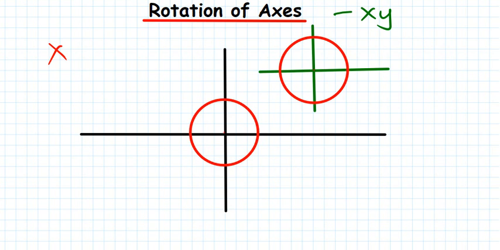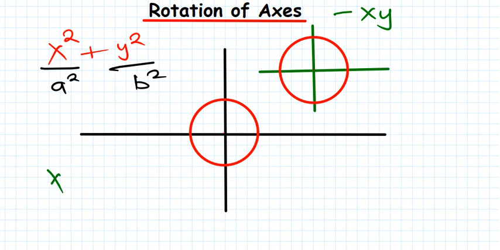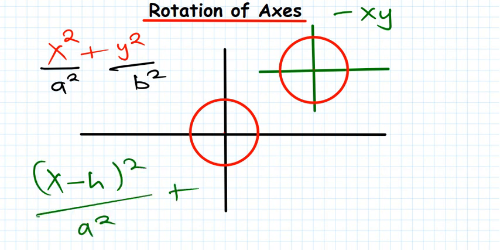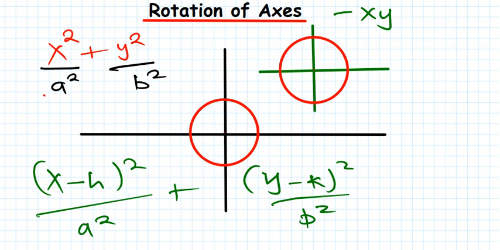For example, if you're looking at an ellipse, in the new form it can be expressed as x minus h squared over a squared plus y minus k squared over b squared. I showed you how to move from that form to this form, and all that went well.